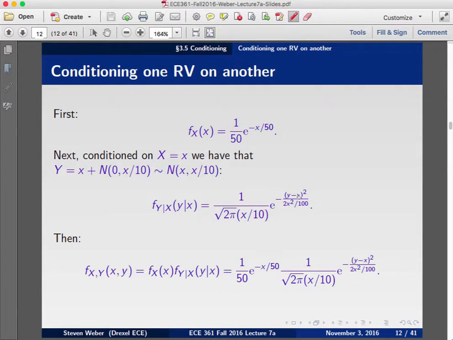So in order to find the joint distribution, f of x comma y, we use the fact that the conditional distribution is the ratio of the joint over the marginal, or rearranging, the joint distribution is the product of the marginal times the conditional distribution. And those are the two things we know. We know the marginal distribution on the vehicle's speed, and we know the conditional distribution of the measurement given the vehicle's speed. So here I've just plugged in the marginal distribution for the vehicle's speed, and here I've plugged in the conditional distribution for the measurement given the vehicle's speed.